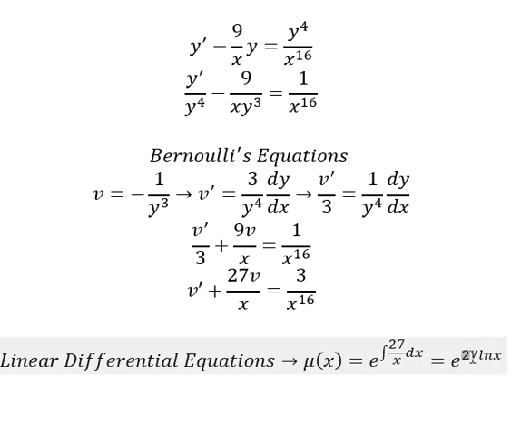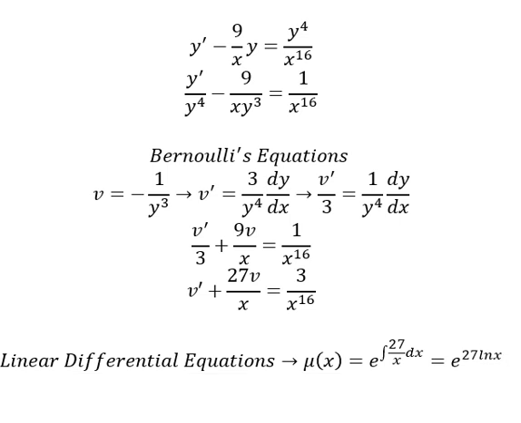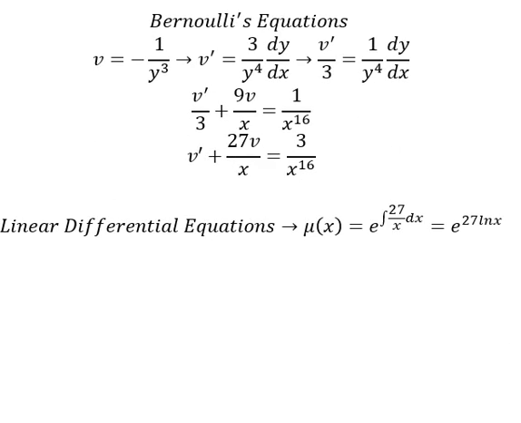Later that number 27 go inside the natural log in here. So that should be e to the power of ln x to the power of 27. And you got this one.